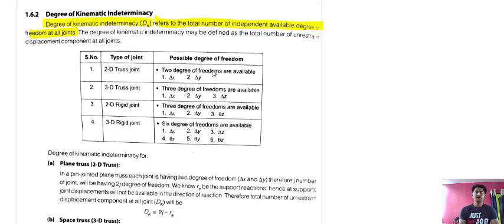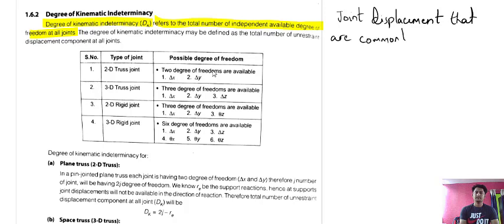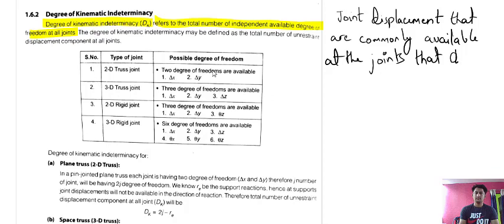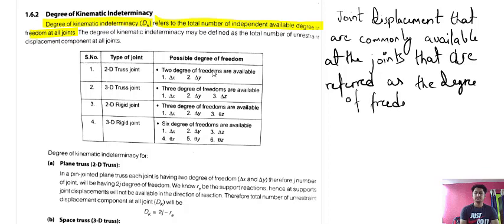Now what is degree of freedom? Degree of freedom means the joint displacements. The joint displacements that are commonly available at the joints are referred to as the degrees of freedom of the structure.